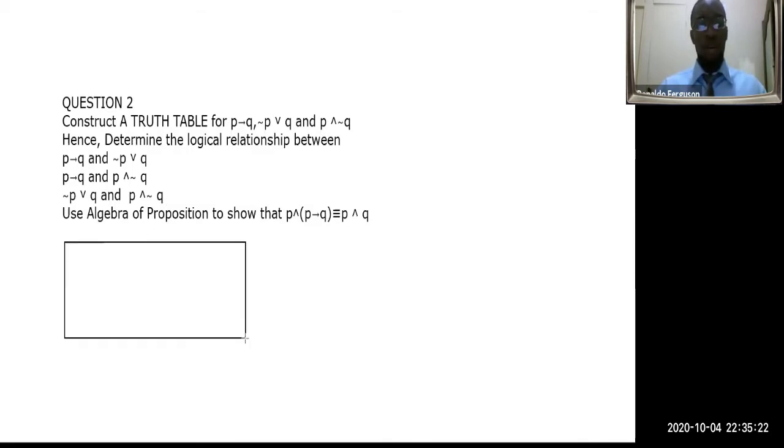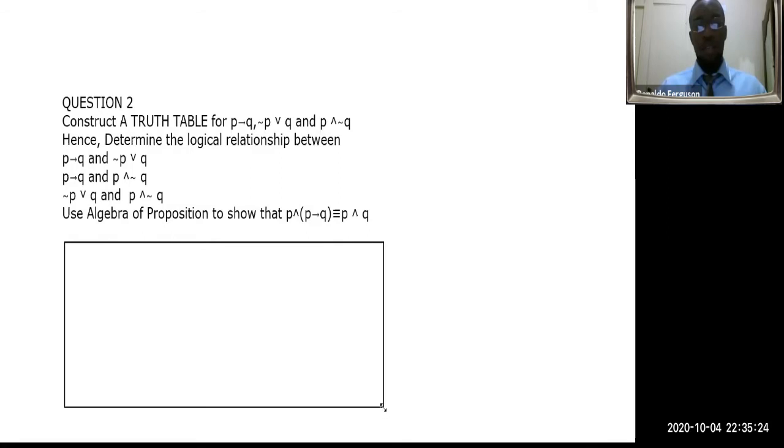So let's construct a truth table. First we draw up our box right here.